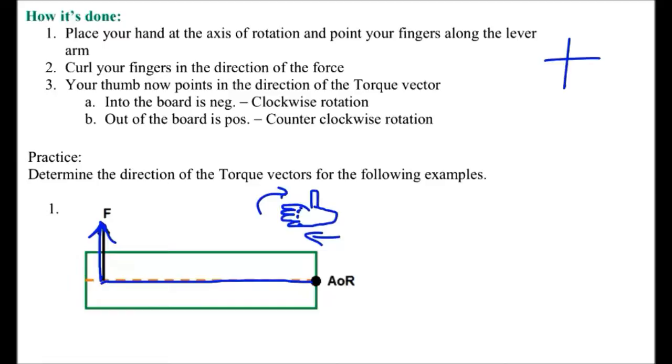Just like when we started out physics, we said that things that move to the right are positive. Things that move up are positive. To the left is negative. Down is negative. Forward is positive. Backward is negative. So we have to establish our coordinate system for clockwise and counterclockwise. Clockwise rotation is going to be negative. This comes from the unit circle again.